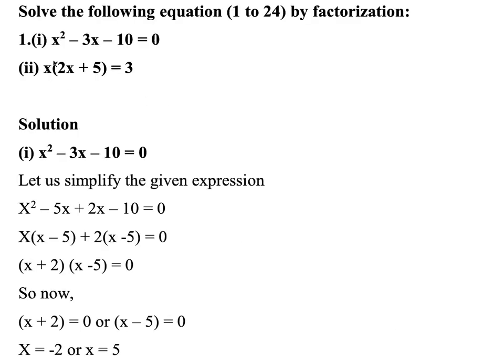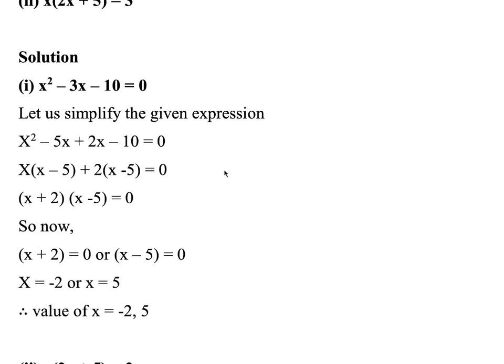Solve the following equation by the factorization method. x square minus 3x minus 10 is equal to 0. So x square minus 5x plus 2x will be minus 3x minus 10. This is the middle term factorization method, is equal to 0. Take x as common, you will get x minus 5, plus take 2 as common, you will get x minus 5 is equal to 0.